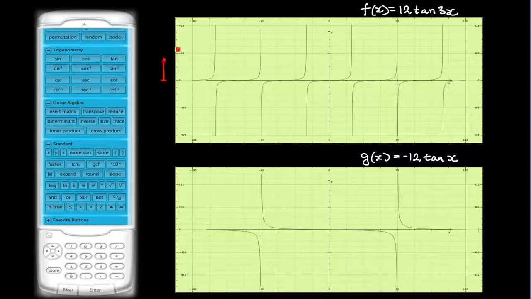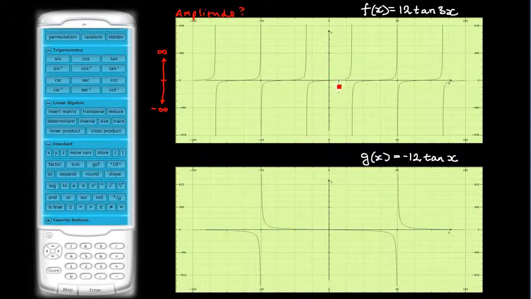So in other words, the graph extends towards infinity in that direction and towards negative infinity in that direction. So if it has no amplitude, let's just write amplitude, question mark.